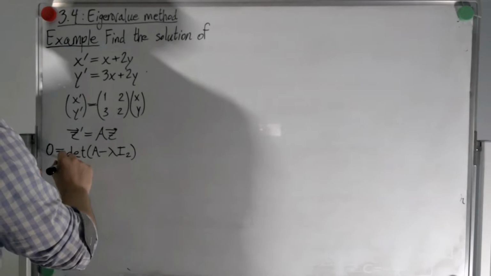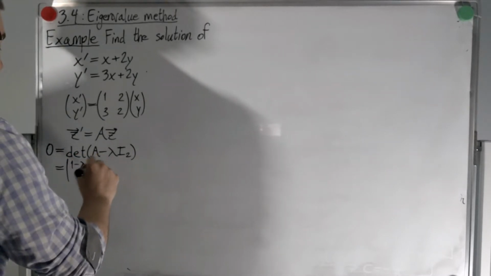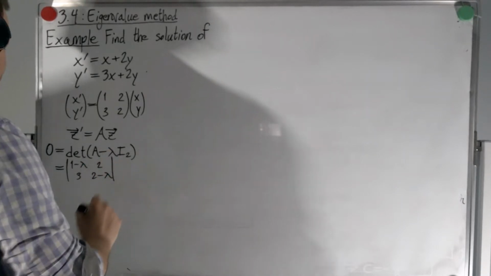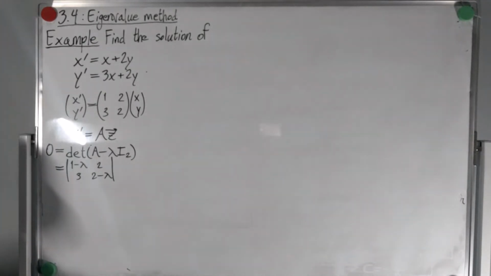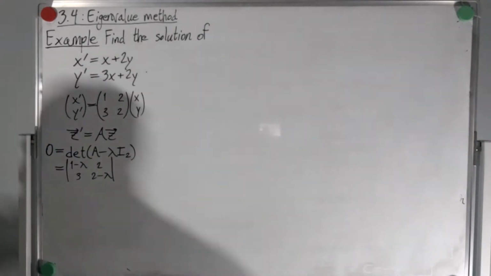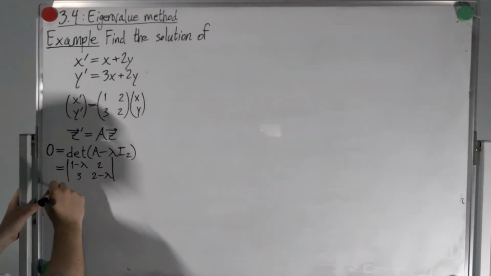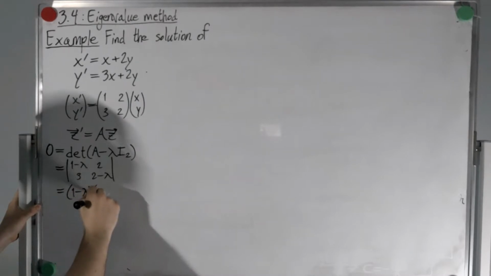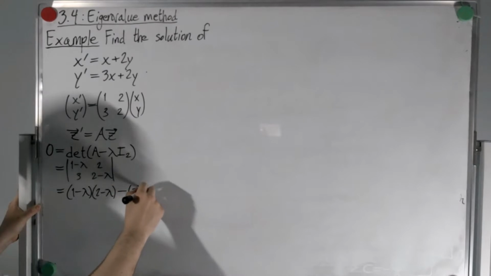In this case, that's going to be the determinant of 1 minus lambda, 2, 3, 2 minus lambda. So you take this determinant to get the characteristic polynomial. That's going to be 1 minus lambda times 2 minus lambda, minus 3 times 2.